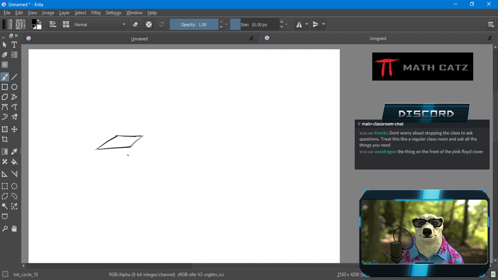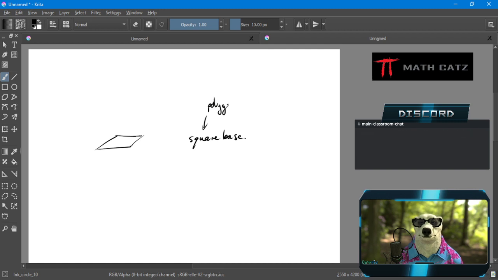I need to work on my freehand drawing. So let's say a square base. For example, you pick any polygon. And then vertical sides that go perpendicular up from that base. Always perpendicular.